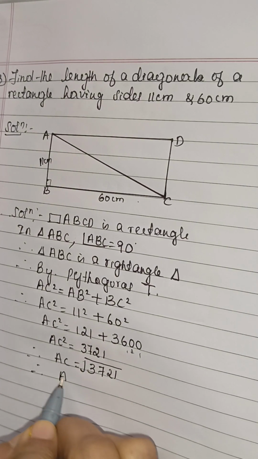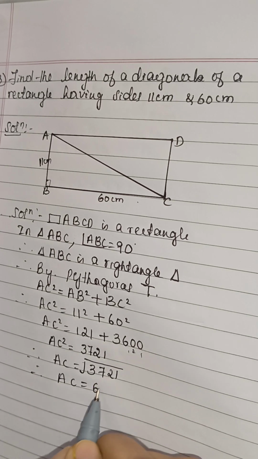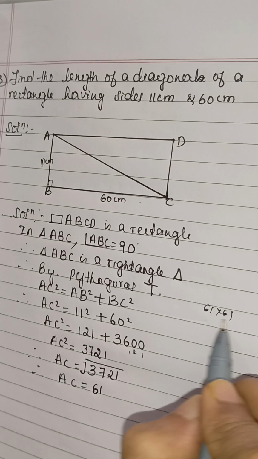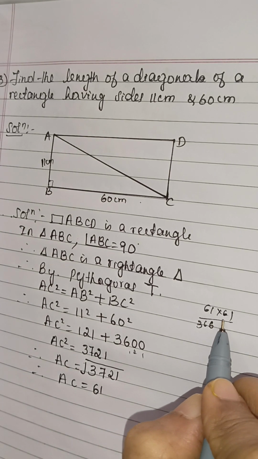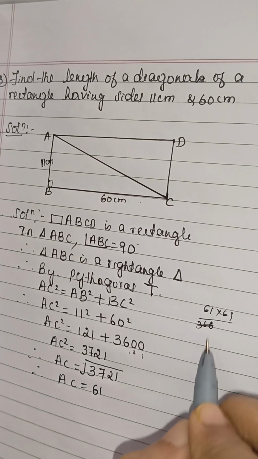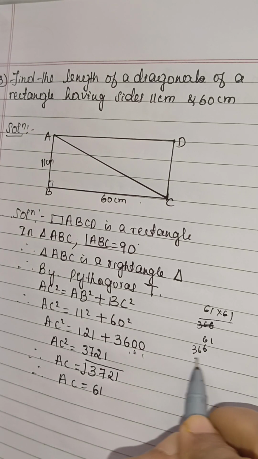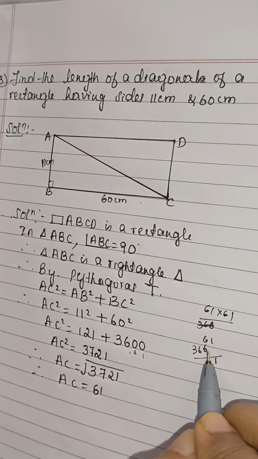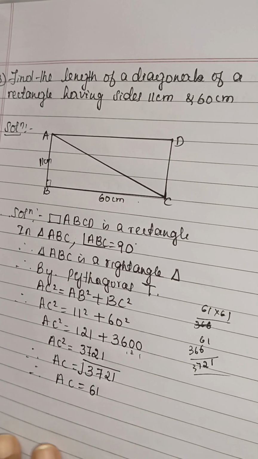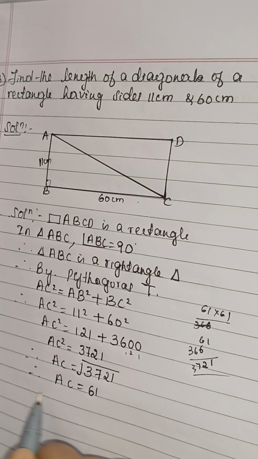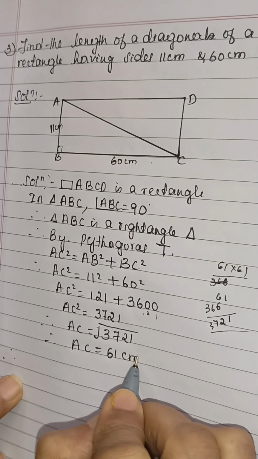Therefore, AC is the square root of 3721, which is 61. See, 61 multiplied by 61 is 3721. So AC is 61 centimeter.